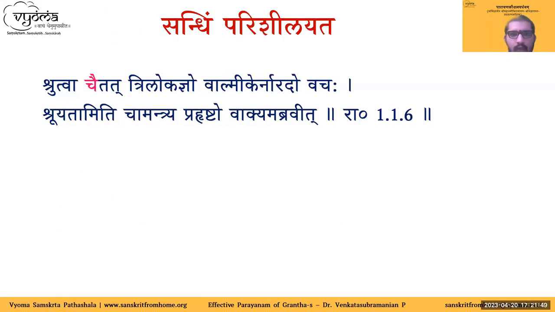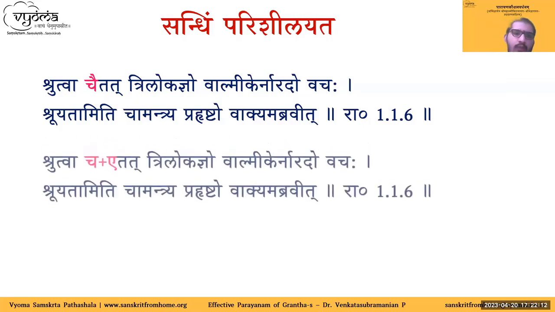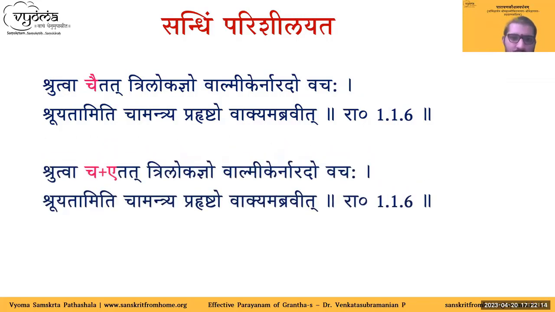So here, chaitat and anugrahena, in between those two words we have Aikara as the adesha, which is nothing but the Vriddhisandhi occurring here. In Shutva chaitat, if we split the chaitat sound, we will get Shutva cha etat trilokajño.